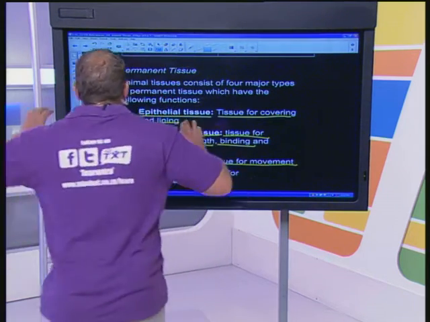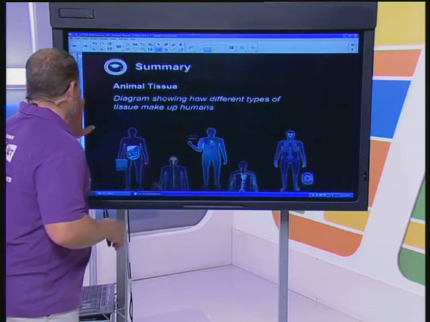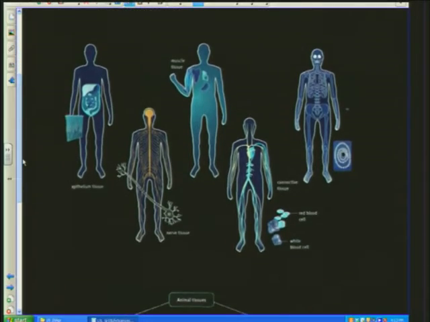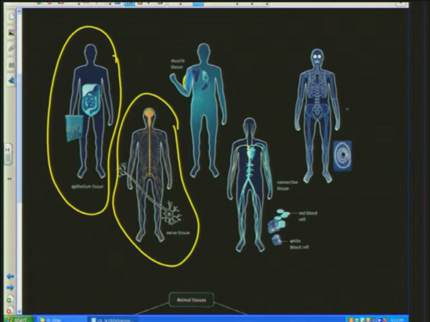Okay, so let's start going into them in a little detail. What we've got here is a diagram to show all the different ones. If I have a look at this one here, it's all about the outside, the linings of it, right? So it's epidermal tissue. Here, nervous tissue. Can you see the nerves? Next one, there's Looney. Check out that bicep.